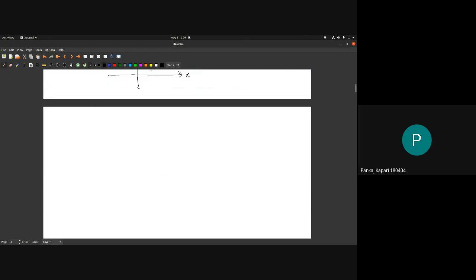So what we'll do, we'll choose these paths. These paths are straight lines. Let's say y equal to mx, right? So y equal to mx means, for example, this is y equal to x.